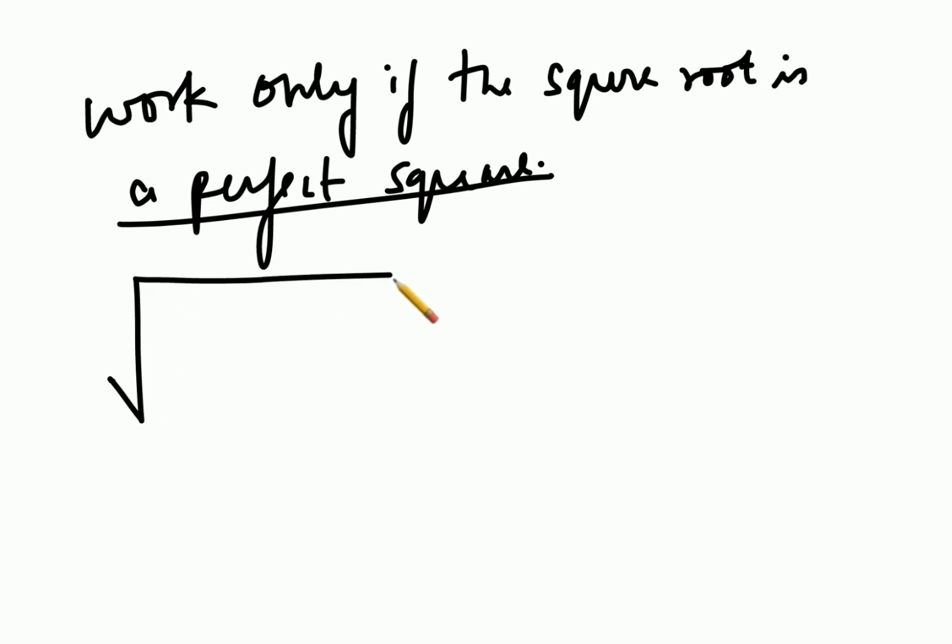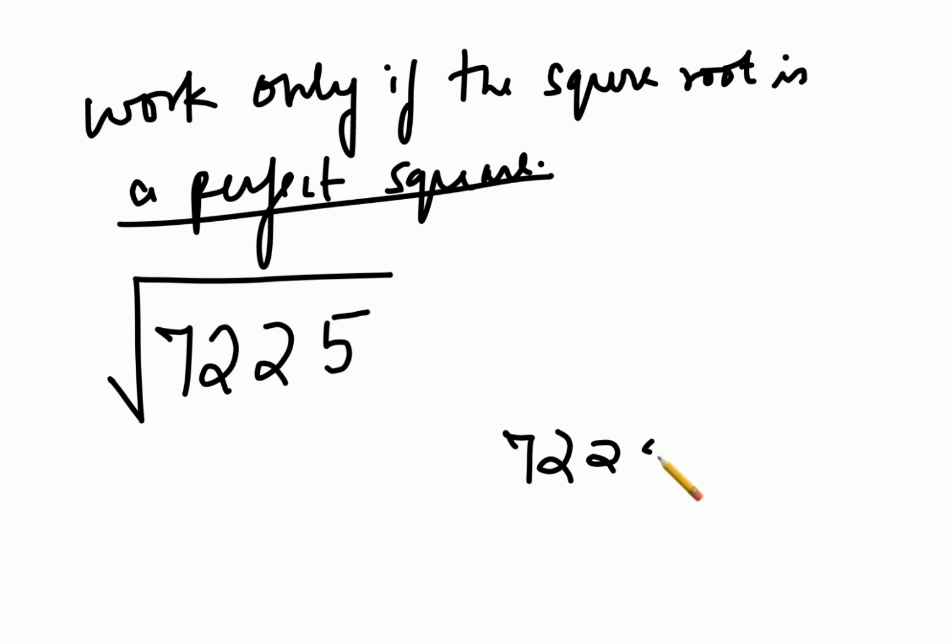Now let's try and find out what the square root of 7225 will be. First let's try and understand what range 7225 lies in. It is smaller than 90 squared, right?